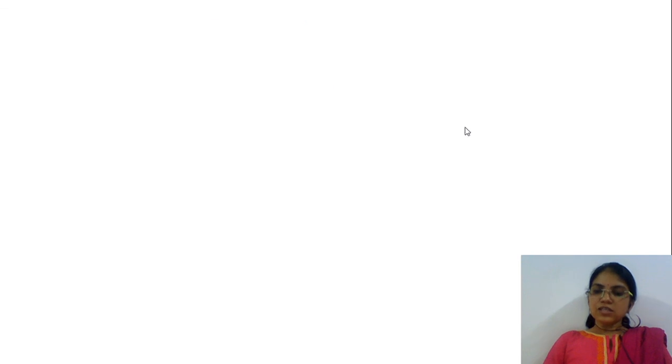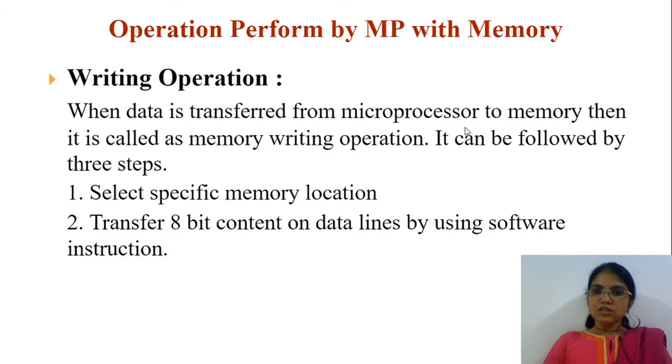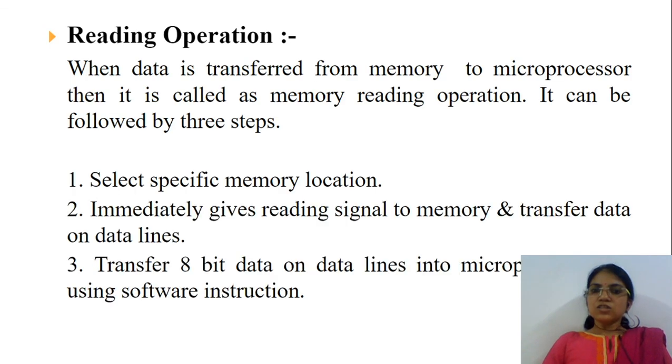After selecting the specified memory location, our next step is to immediately give the reading signal to the memory and transfer data on the data lines. As soon as the specified memory location is selected, immediately we transfer the reading signal to the memory.